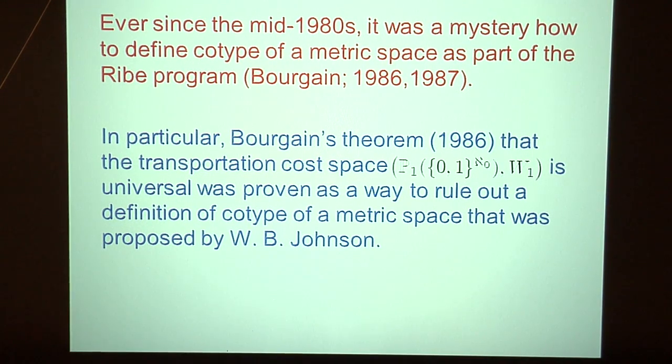And the fact that the infinite cube is universal destroyed the entire plan. It destroyed the potential definition within the Ribe program for metric cotype. So I will not tell you what the potential definition was because it all broke down, but that was Bourgain's goal when he proved this theorem.